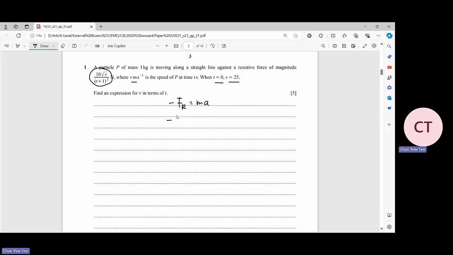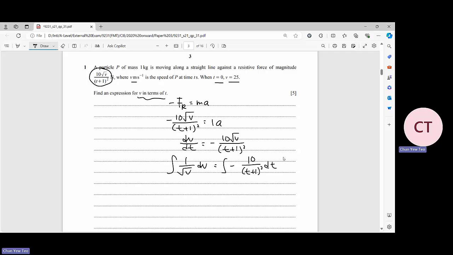So you have negative 10 square root of V divided by (t plus 1) squared is equal to M, which is 1, times A. You want V in terms of t, so your A will be dV/dt. Using separable variables, you get 1 over square root of V dV, integrate, it will be negative 10 over (t plus 1) squared dt.